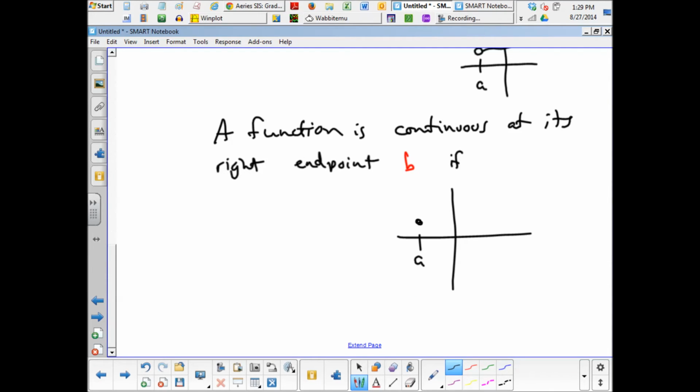Here's A, here's B. What kinds of strict rules do you think we should have for the right endpoint to be considered continuous? Yeah, there's no right side, so you can't talk about the limit on the right. But you could say that the limit as you come in from the left has to match f of b, something like that, right? That's the rule. Good. So you would say the limit as x approaches b from the left is equal to f of b.